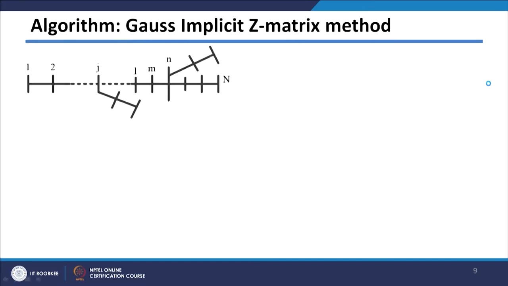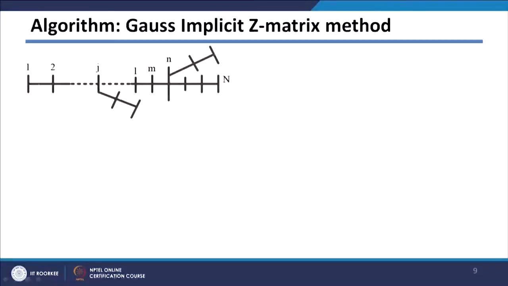Now, let us see what the steps of this algorithm will be. Say this is your generalized system, which has n number of buses. In this case, the voltage at this node is known, so Vs angle 0 degree. Step 1, like all other algorithms, will be initialization of bus voltages.